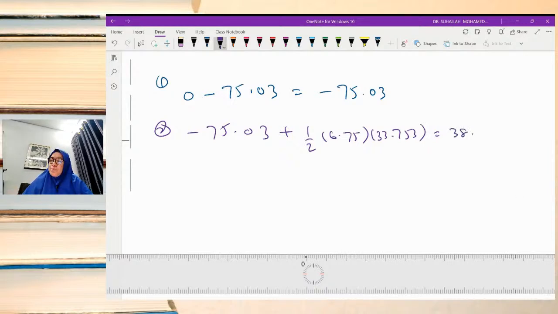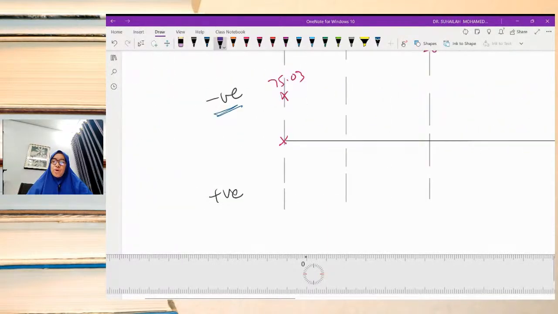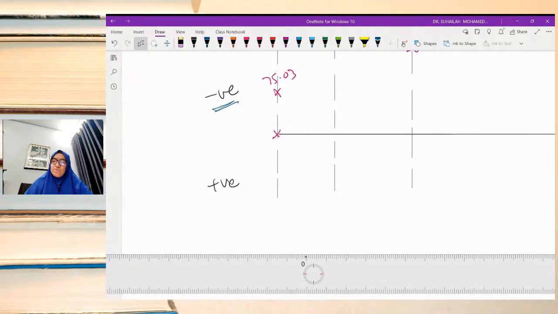So this is 38.89 positive. So all this is moment 38.89 positive, which means we have to draw at the positive side.